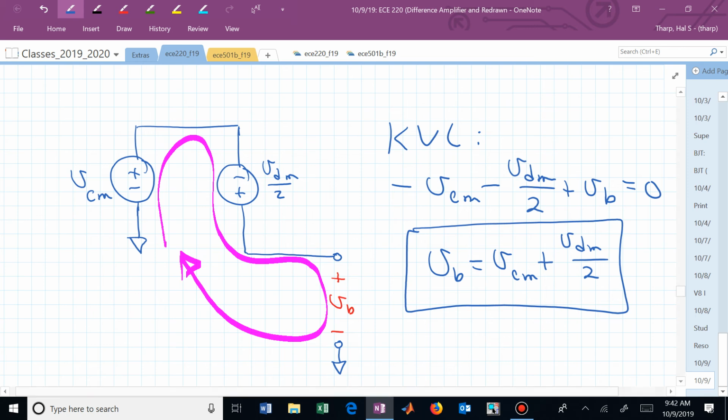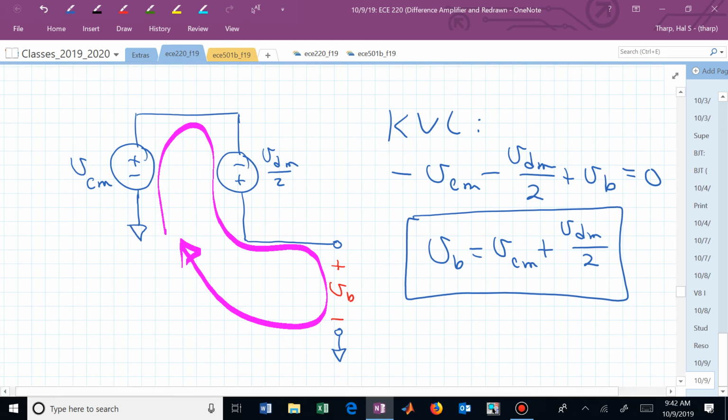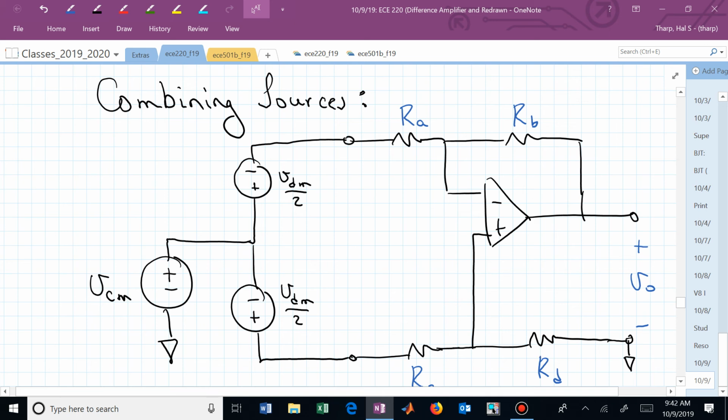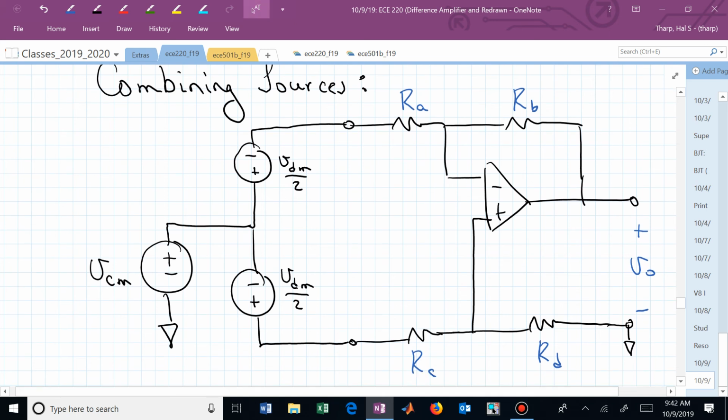Now I take the first V sub A structure and the second V sub B structure, written in terms of common mode and differential mode, and put those into the differential amplifier, or the difference amp. Hopefully you can see that I have preserved V sub A at the top and V sub B at the bottom.